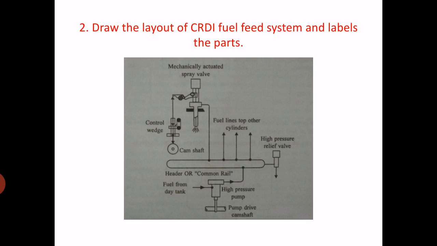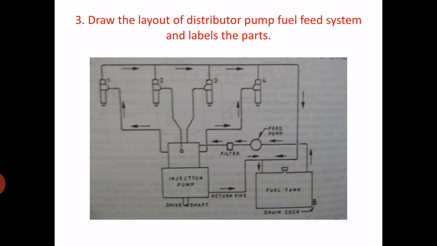Then at this pressure, fuel is supplied to the injectors, but these injectors are actuated by the camshaft. As per the timing, the fuel is injected into the engine cylinder when the camshaft actuates the particular injector. So that is the CRDI system.